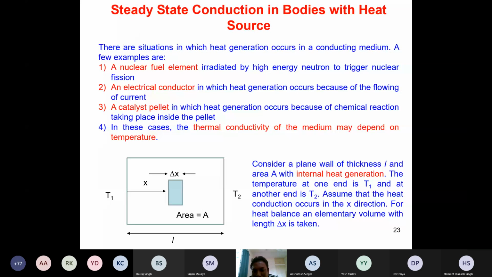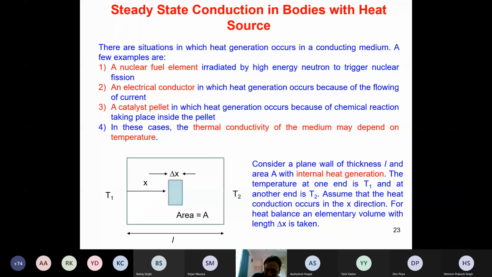When there is no heat generation term, qx is going to be minus k dT by dx, isn't it? Now if there is a heat generation term, how will the temperature profile look? When there is no generation term, from T1 to T2 it is continuously decreasing, isn't it?